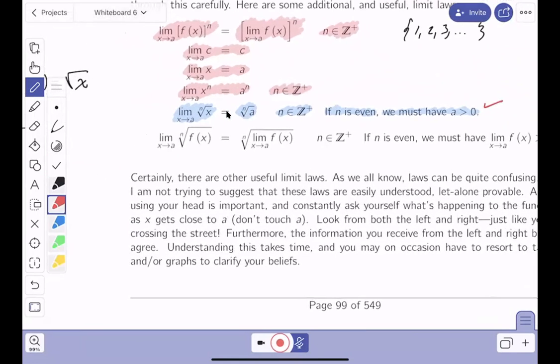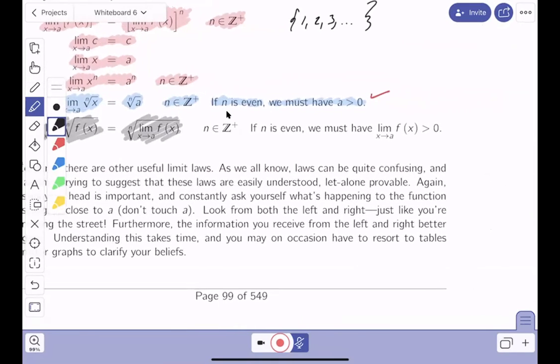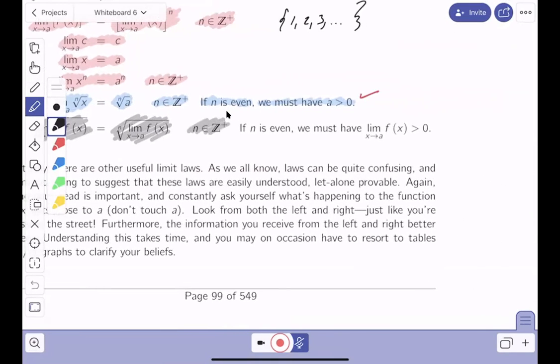All right, let's look at the last one. And again, this will get us through the problem set. Again, this requires a little bit of thinking. And what are they saying over here? Well, the limit as x approaches a of the nth root of f of x. Well, we can go to the inside, but again, n's got to be a positive integer.